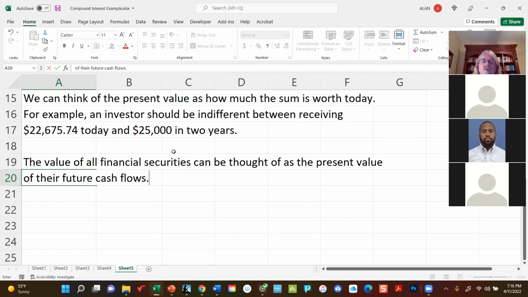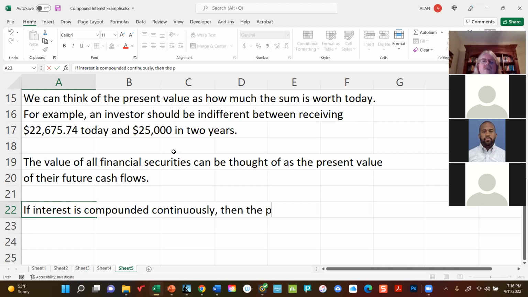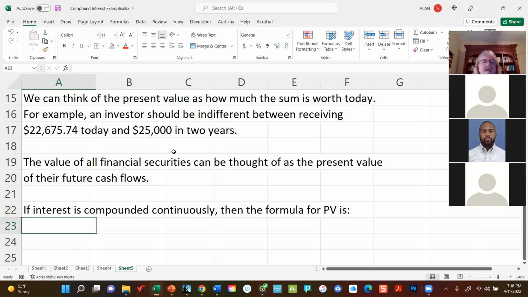So that's why this is so important. Now, if interest is compounded continuously, then the formula for PV is future value times e, and the exponent is not RT, but negative RT.